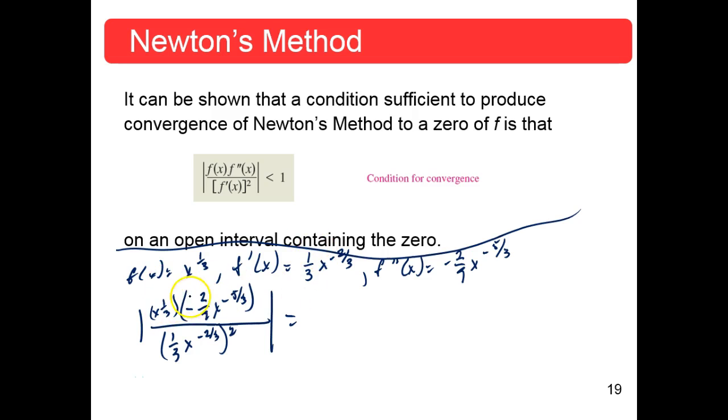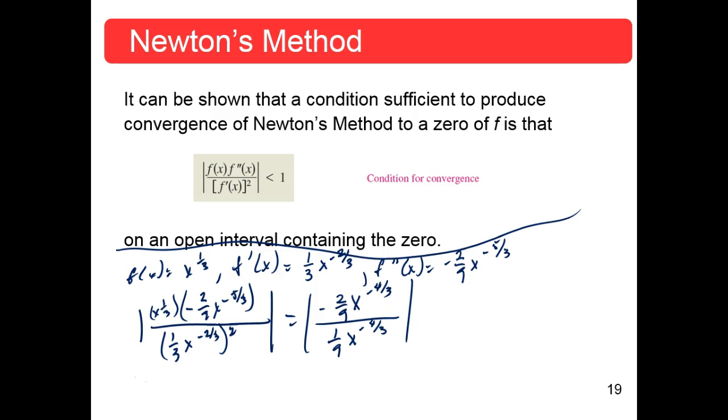Well, in your numerator, you're going to have a negative 2/9 x to the, subtract the 1/3 from the 5/3, or you're adding them actually, but since they're different signs, it's a subtraction. That would be x to the negative 4/3 over, and when you square 1/3, you get 1/9 x to the, when you square a power, you basically are doubling that, so that's going to be a negative 4/3. Okay?